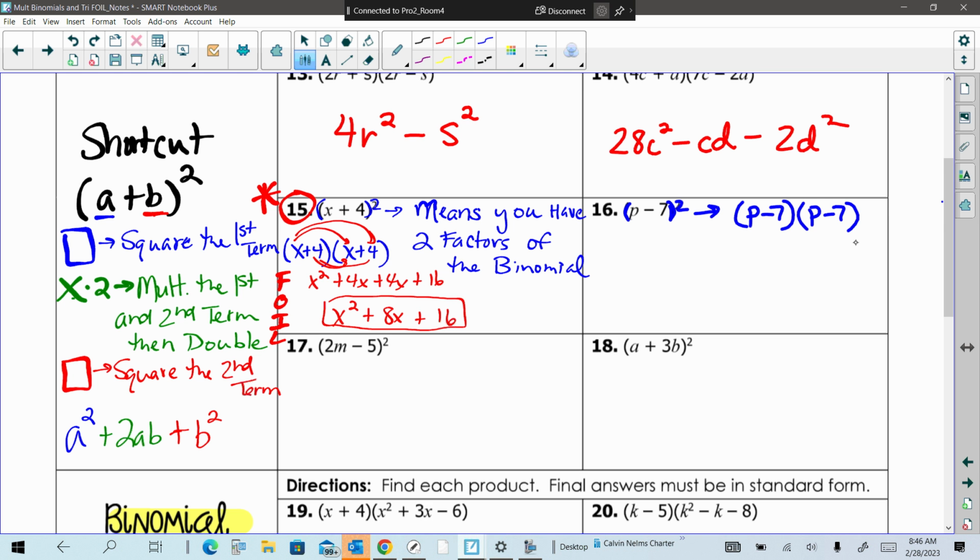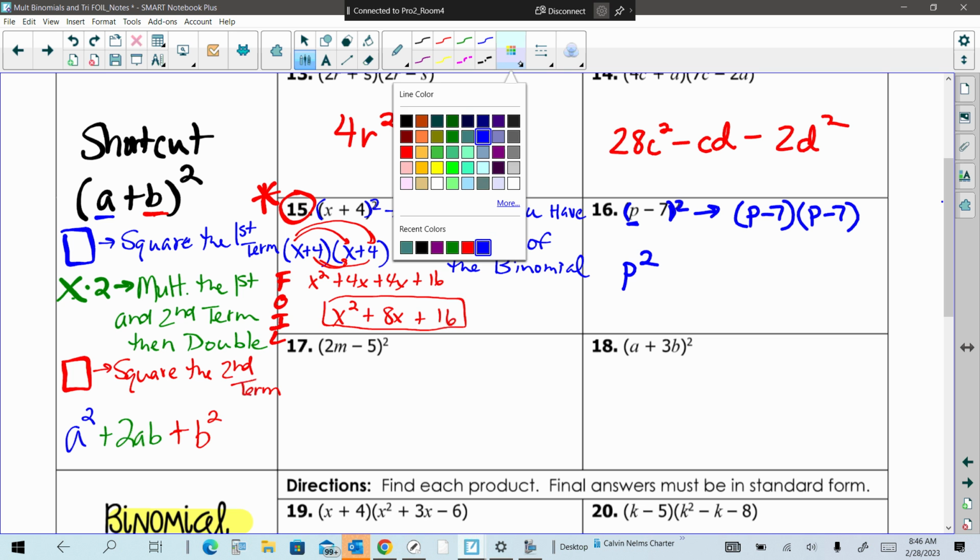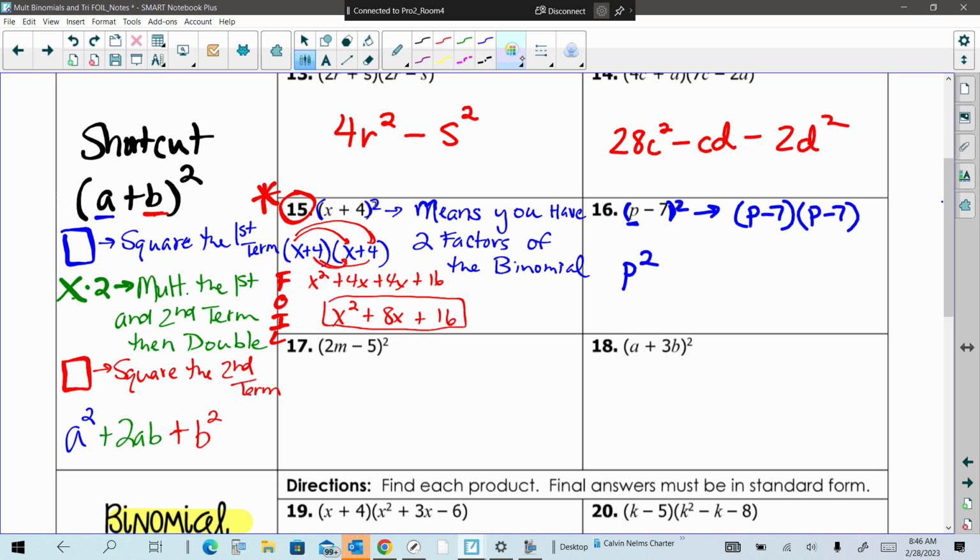It'll get you to the same answer. The shortcut is you look at the first term, which is your p. This is your first term, and you square that. If I square that first term, that would be p squared. Okay? Then, step 2 says right here, multiply the first and second term. Here's your first, here's your second. If I multiply those two terms together, that's a negative 7p.